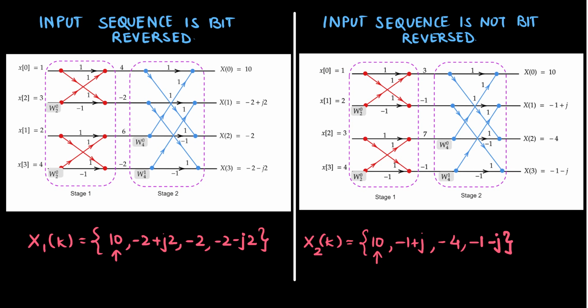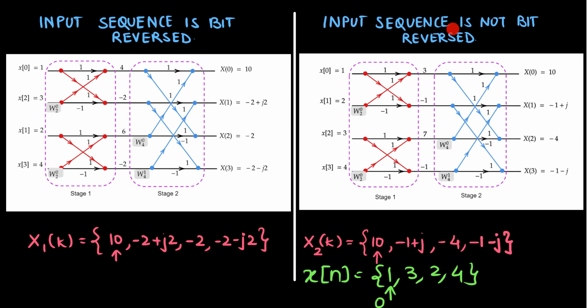So the input sequence that is being considered here is 1, 3, 2, 4, where this 1 is located at 0. So if we perform the bit reversal initially for this sequence, that would be coming out to be 1, 2, 3, 4.